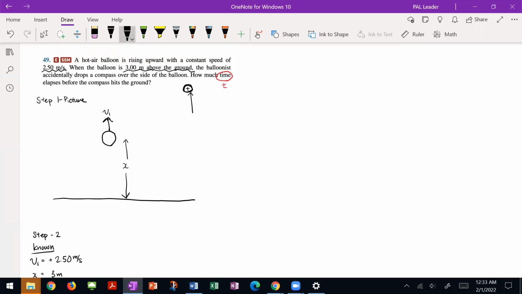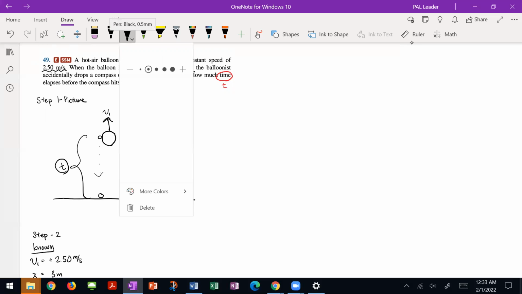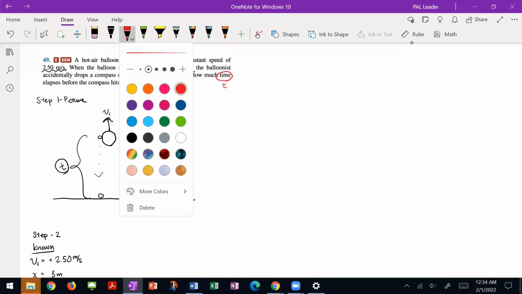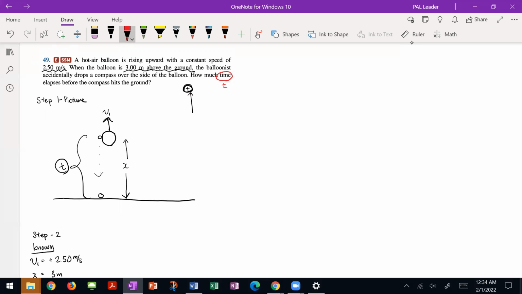The balloonist accidentally drops a compass. That is going to be our compass, and it's going to fall down here. And we're asked to find how much time it takes. So the tricky part of this problem is understanding how this compass moves with this hot air balloon when it drops.